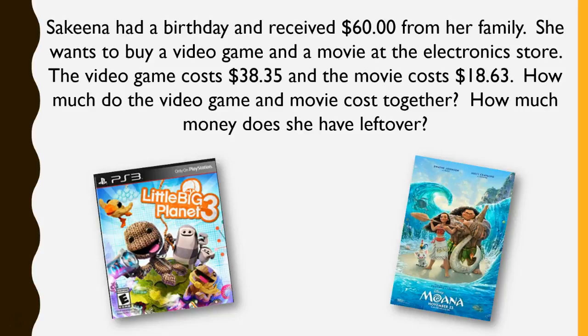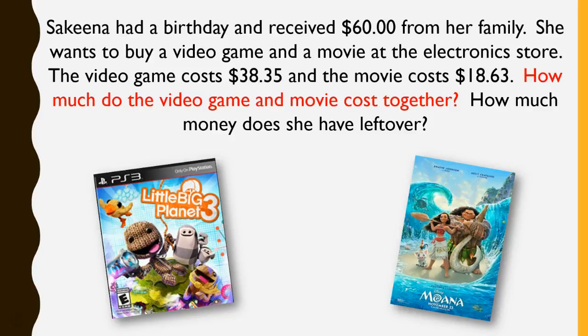Okay, so now when we are adding and subtracting money, that is a very practical, real-world reason to use decimals. This looks like a really big paragraph, but it just has 2 simple questions. The first one says, how much do the video game and the movie cost together?